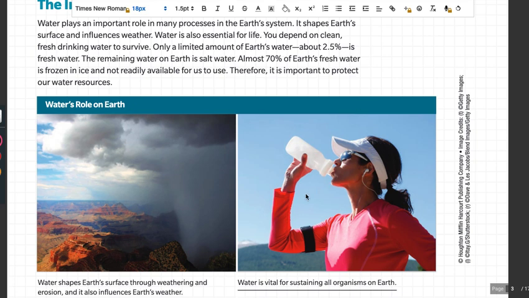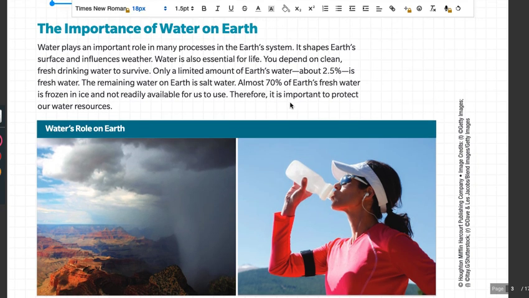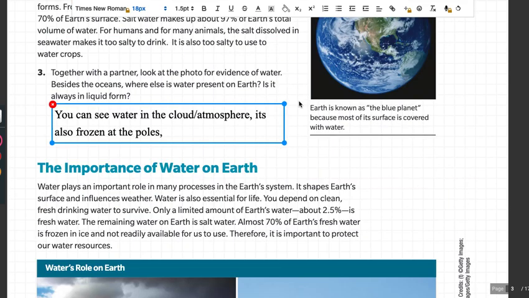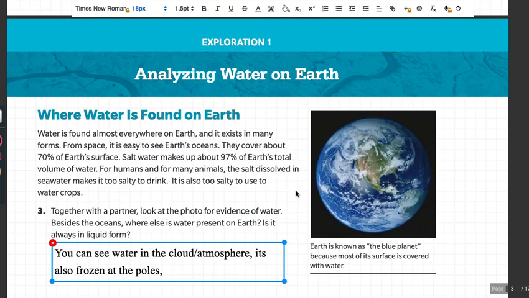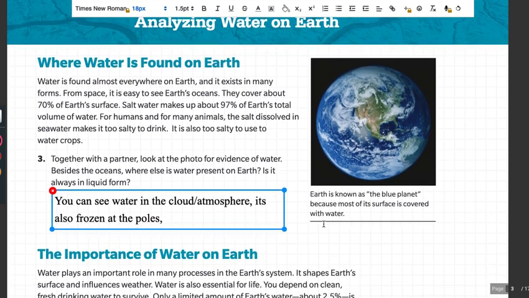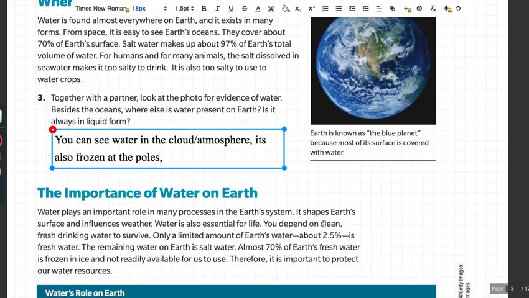So this is talking about the importance of water. Some things to note are that only about 2.5% of all of the water on Earth is fresh water. So obviously you look at this, and everything in the atmosphere is fresh water, but that's not accessible to us. And the oceans are all salt water, so that's not super helpful for us because we need fresh water to survive.